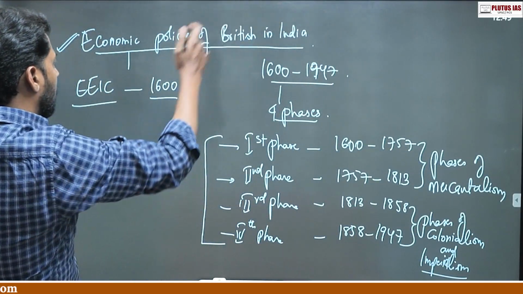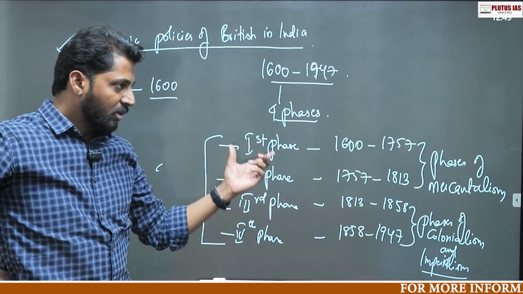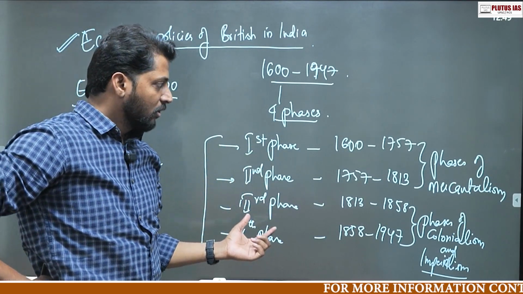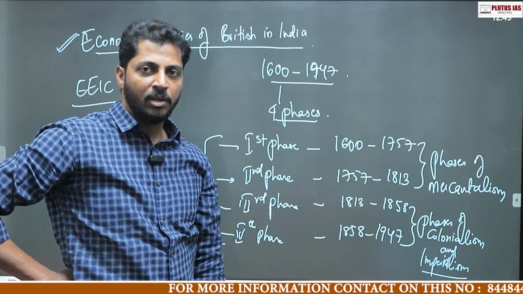So these are the economic policies of the British in India, which we classified into four phases. That is phases of mercantilism, phases of colonialism, and phases of imperialism.